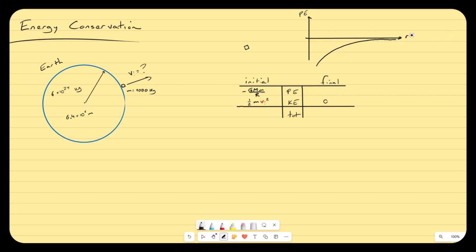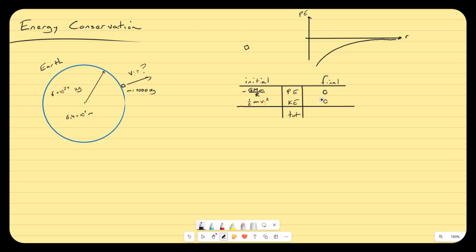But if we could get to a point of 0 potential energy, then this thing won't come back. That's the point that I'm looking for. It is fictitious. Realistically, what we're going to do is get to a point where our total energy is 0, where we know we are going to be far enough away and moving at the right speed to get a total result of 0.